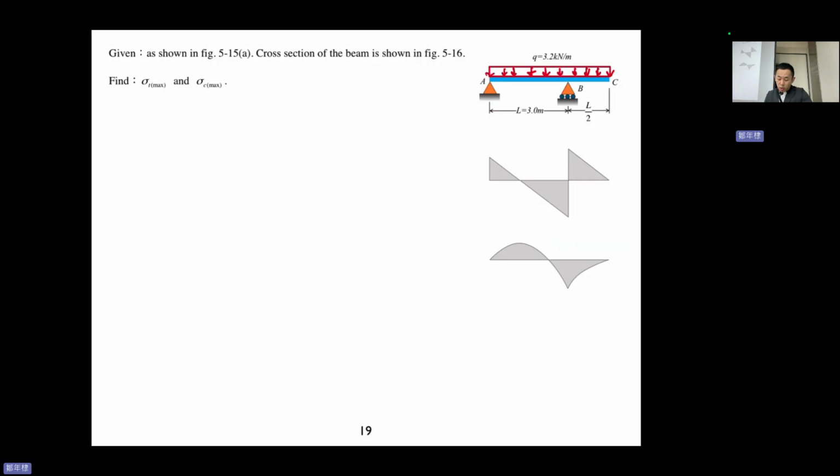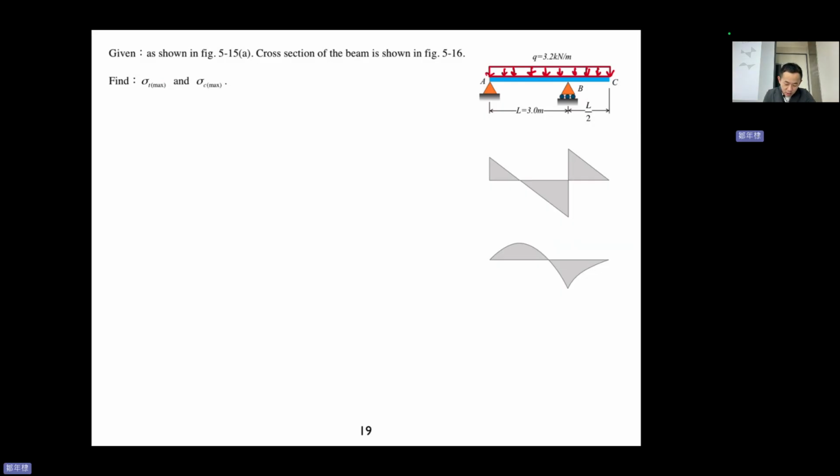In this material, subjected to the distributed load Q equal to 3.2 kN/m, we need to determine the maximum sigma T and sigma C, meaning you need to see if this material may break at a certain point, either tensile break or compression break.